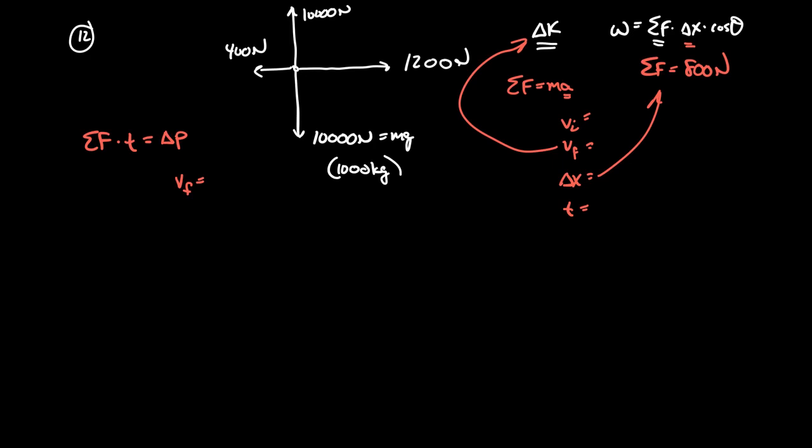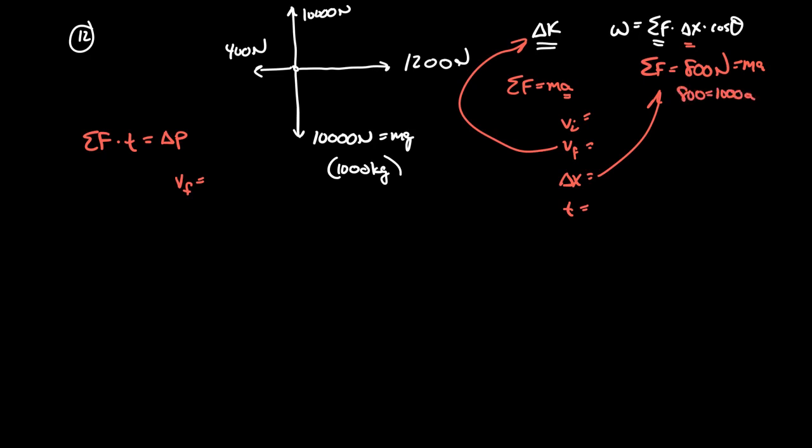We have three options. Find the acceleration and use two different motion equations, or find the impulse. Which one? Acceleration? Great. Net force equals ma. It's 800 newtons equals 1,000 a.